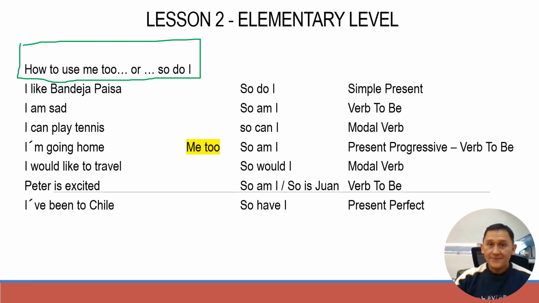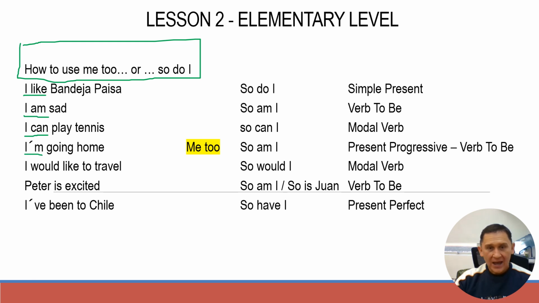So what you have to do is to be careful to what the other person is saying. So in this case, I can identify that the other person is using simple present. And for this sentence, I'm using verb to be. For this one, I'm using the modal can.